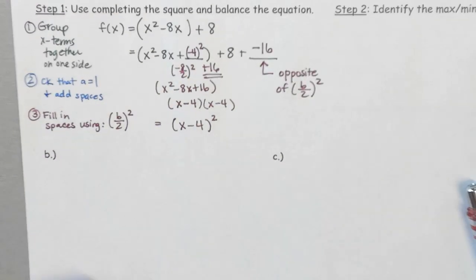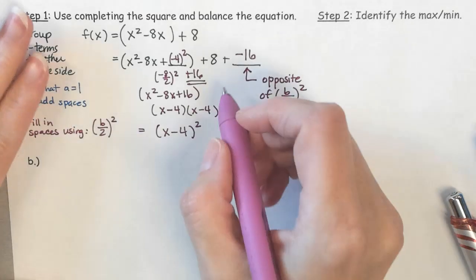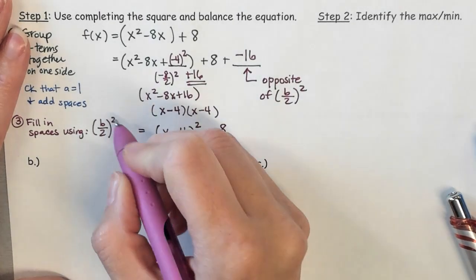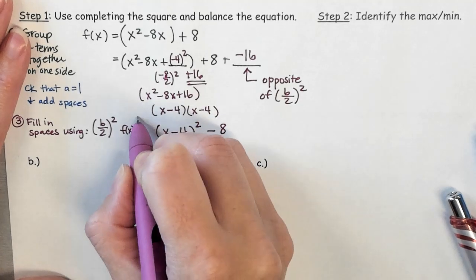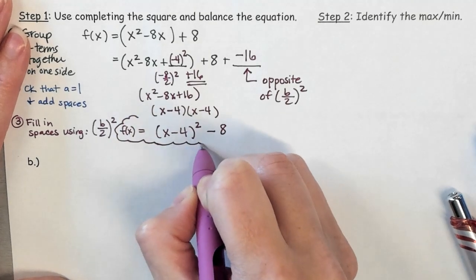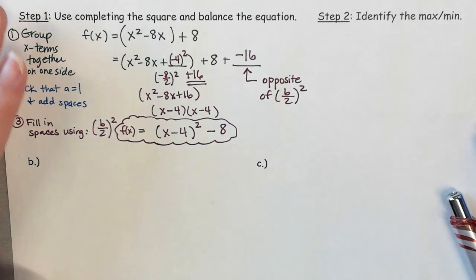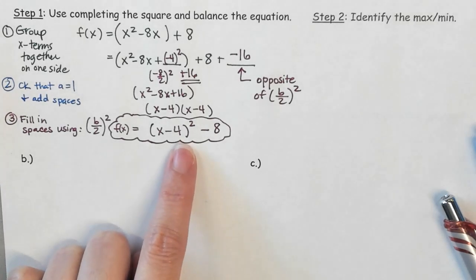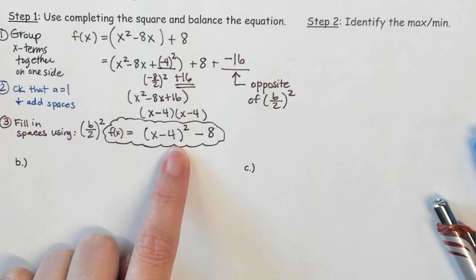All right, so 8 minus 16 is what? -8. So then your equation is f of x equals x minus 4 squared minus 8. Okay, so this is your equation in standard form using completing the square.